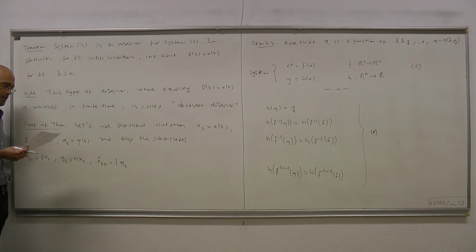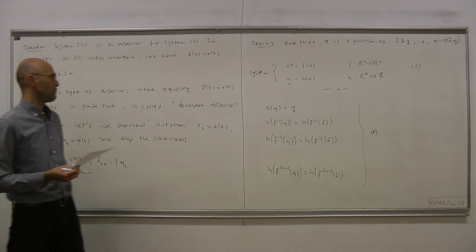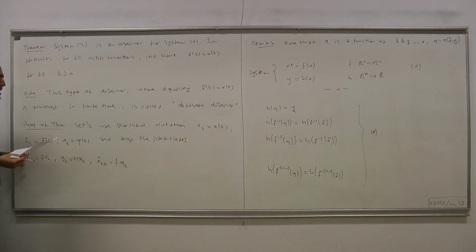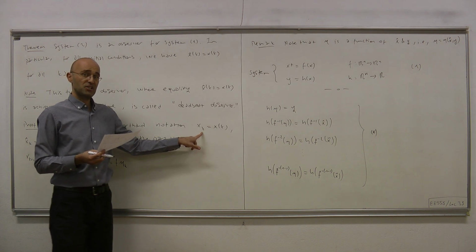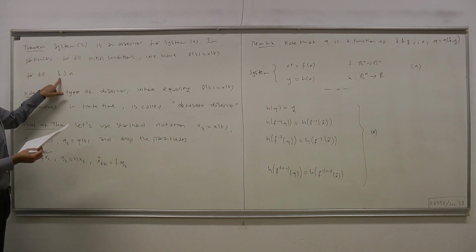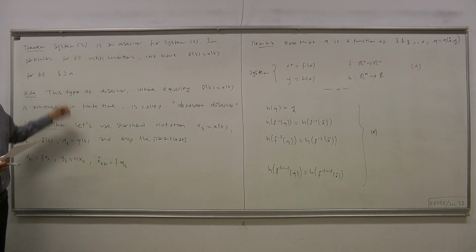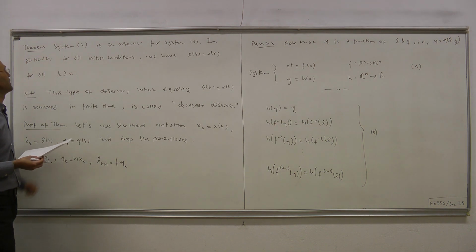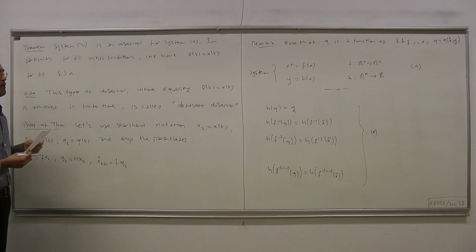Okay. Now what we want to show therefore in this new notation is x hat k equals x k for k greater than or equal to n, and if you can show that, then you will have proven the theorem.